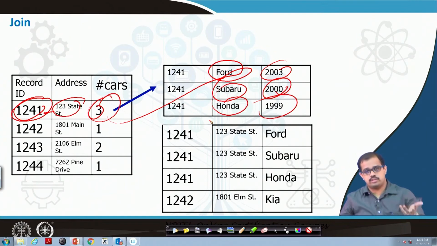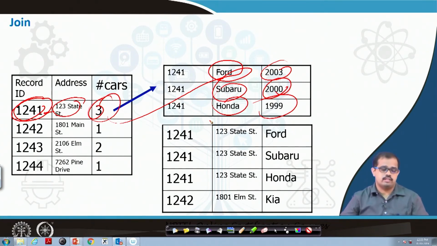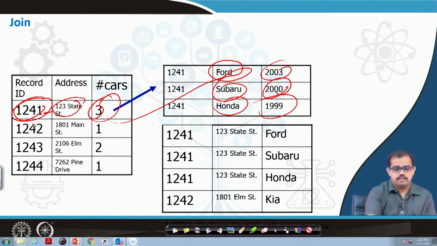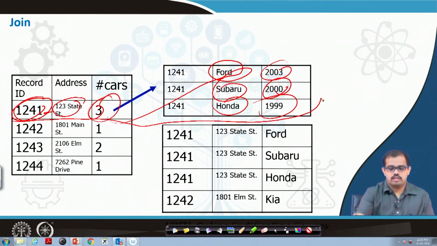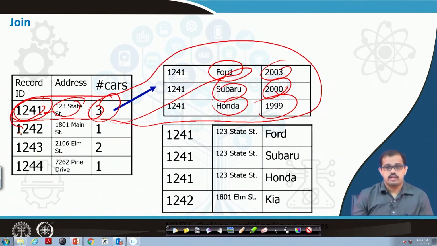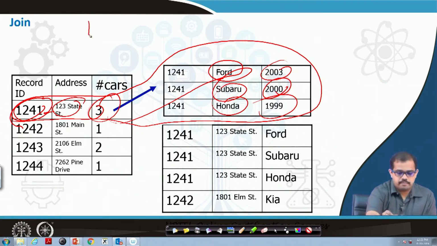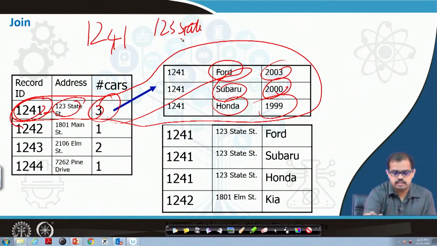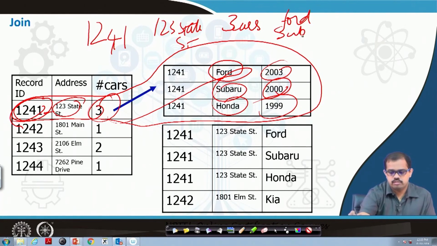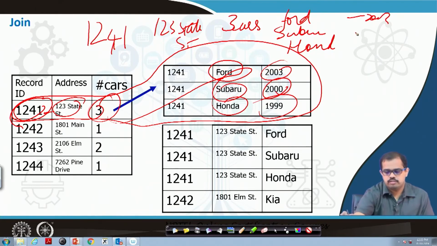For example, if someone was to query about that particular thing, with the query, the join will join both of these tables, and it would represent something like this: 1241, address is 123 State Street, 3 cars, Ford, Subaru and Honda, bought in 2003, 2000 and 1999.